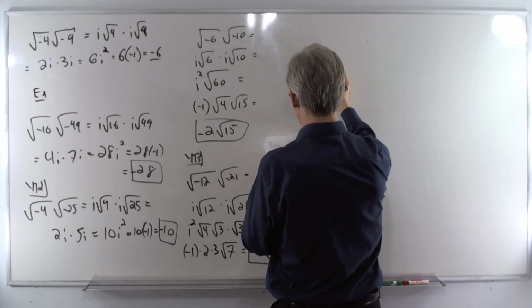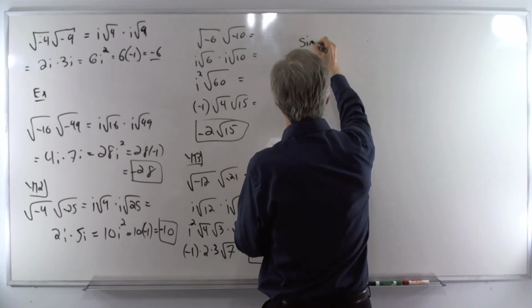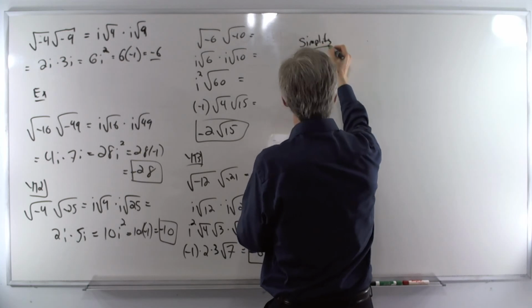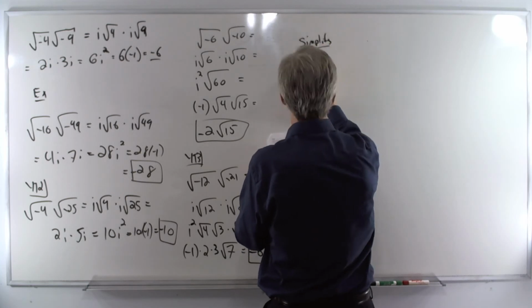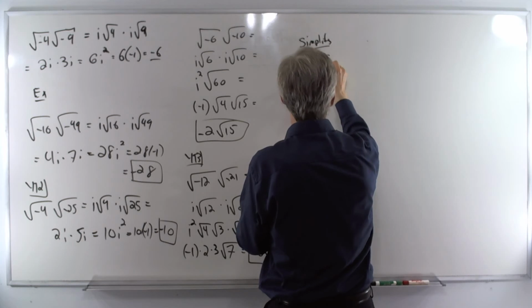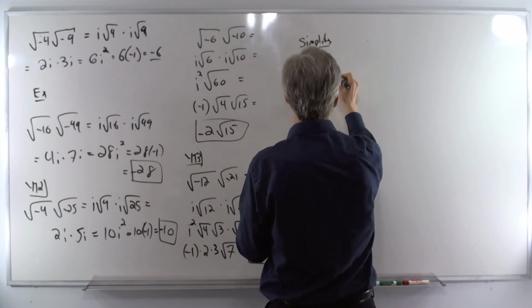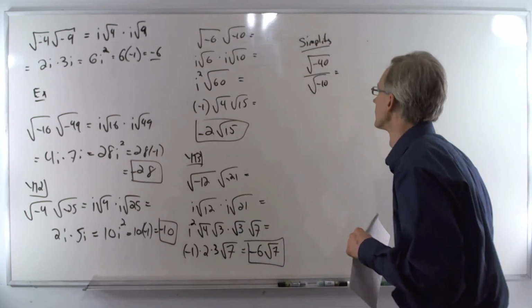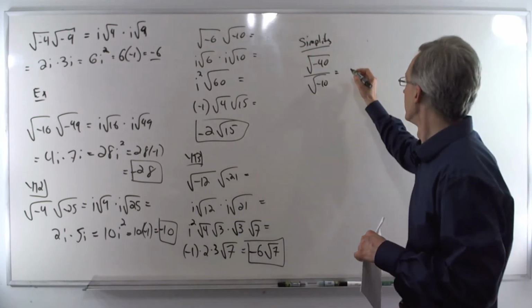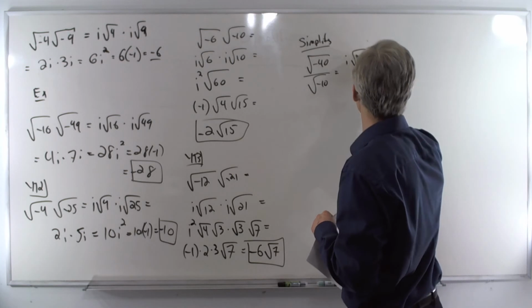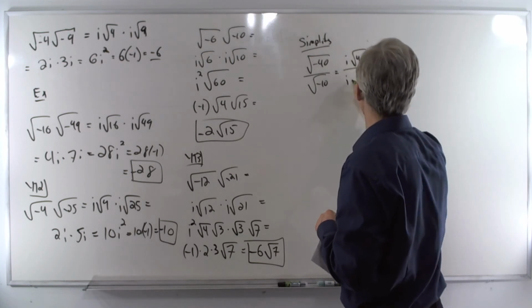All right, next up, we're going to simplify square root of negative 40 over square root of negative 10. So we'll start off using our property. I times the square root of 40 over I times the square root of 10.